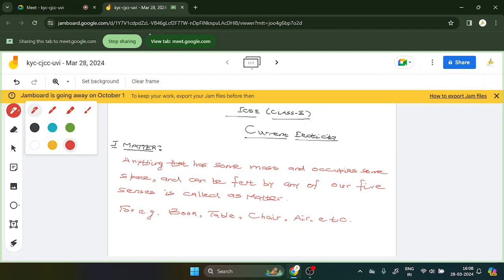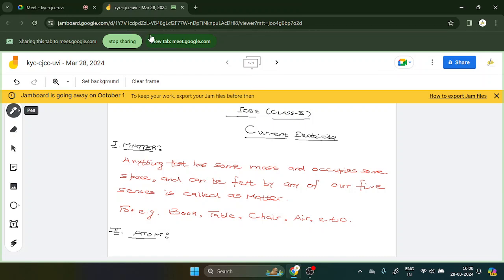Now, as we have discussed matter, let us move ahead and discuss a very important entity which is called the atom. Everything is made up of matter, right? Everything is made up of matter, and matter is composed of atoms. Now what are atoms actually?